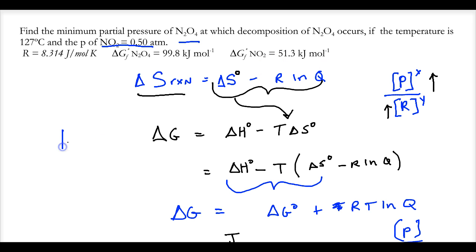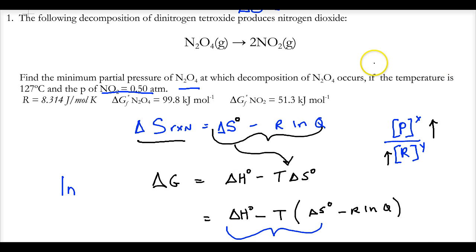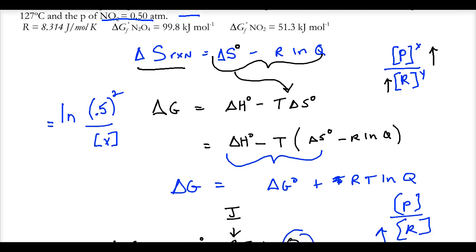So this is going to be ln of NO2, which, if I look at my reaction, is my product. So I put that there, 0.5, and of course it's squared because of that exponent, and that's all over this concentration, which is my x to the 1 power. Now what does that equal? Well, they want the minimum, so it's going to equal the rest of the expression that we can plug in, because you're going to find delta G through the tables, non-spontaneous.